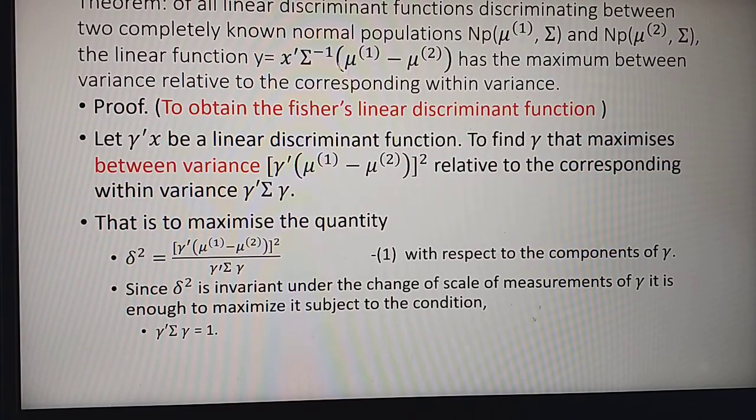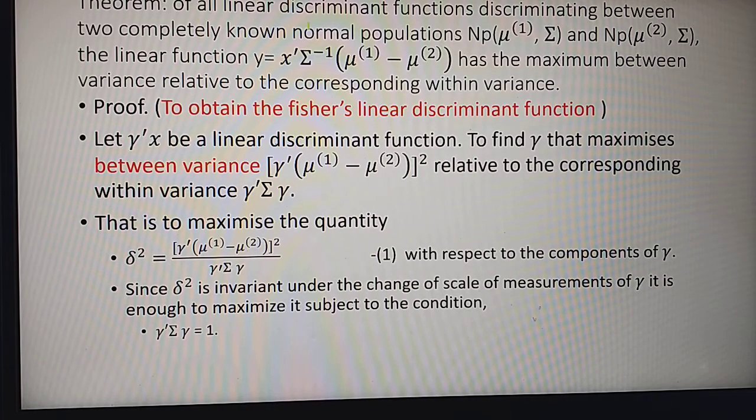Now a small theorem: of all linear discriminant functions discriminating between two completely specified normal populations N_p(mu1, sigma) and N_p(mu2, sigma), the linear function y = x prime sigma inverse (mu1 minus mu2) has the maximum between variance relative to the corresponding within variance.